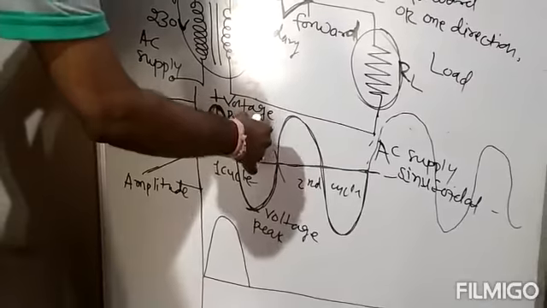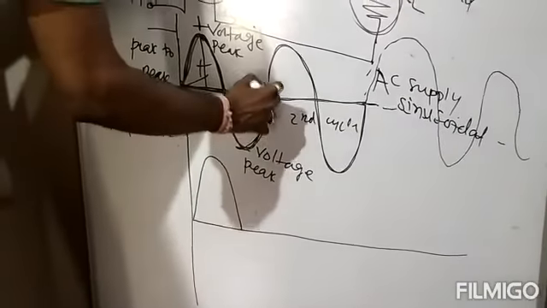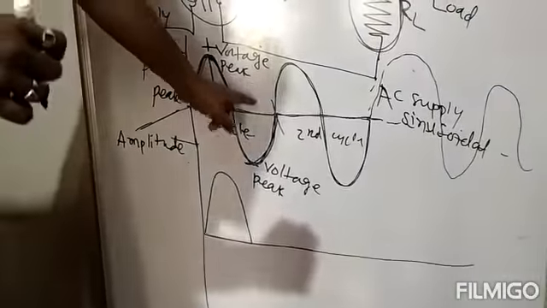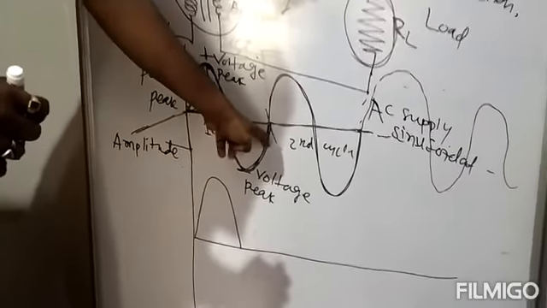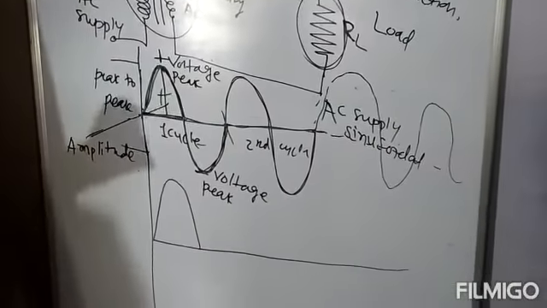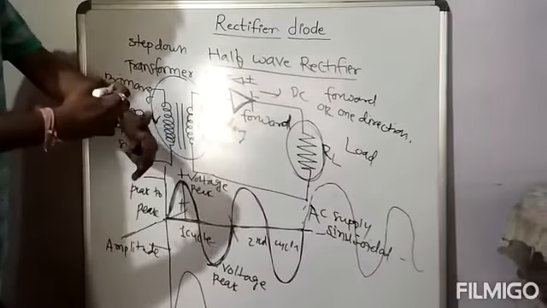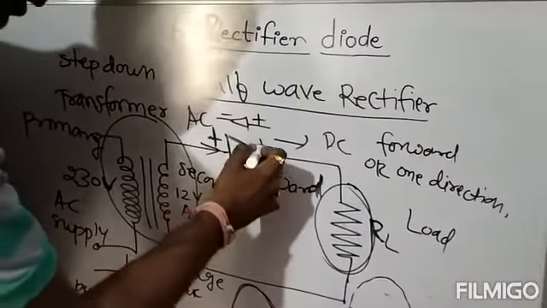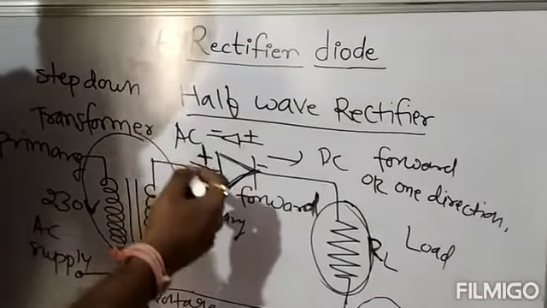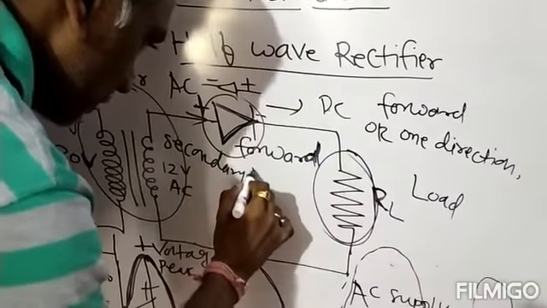Whenever we go to the negative half cycle, the polarity of the transformer changes, and hence the polarity of the diode will change. The diode will now act as reverse biased.